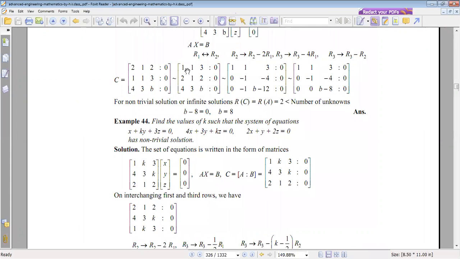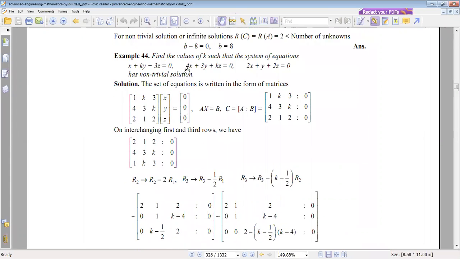So come to the next question. This is the last question of this topic. Find the values of k such that the system of equations has a non-trivial solution. So this set of equations is written in the form of matrices.